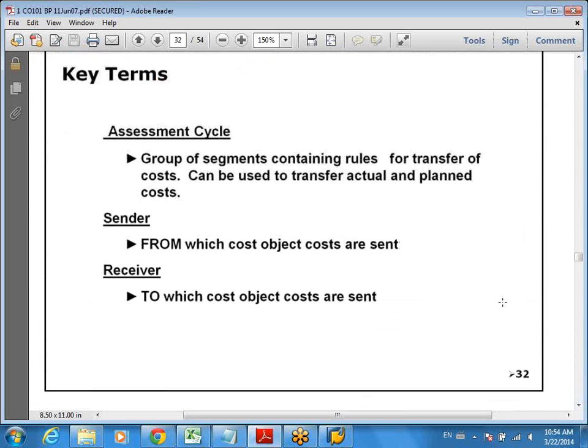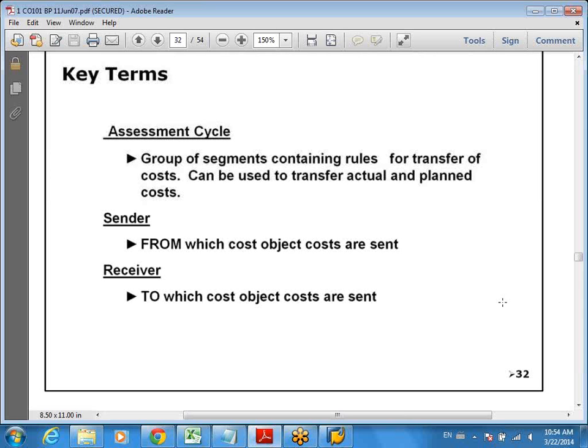And always in CO there is something called the assessment cycle. An assessment cycle is always a group of segments, meaning which group are you trying to run, is it G&A, is it sales and marketing, and you do the assessment, meaning you're transferring the costs, reposting from the cost object to the receiving cost object.